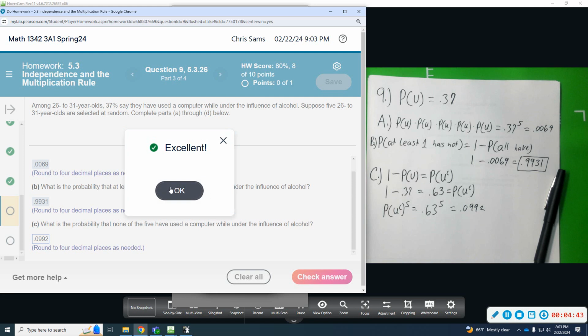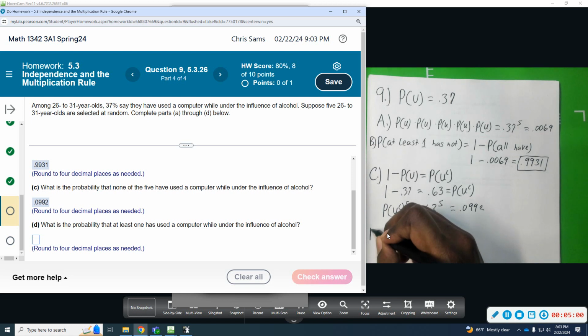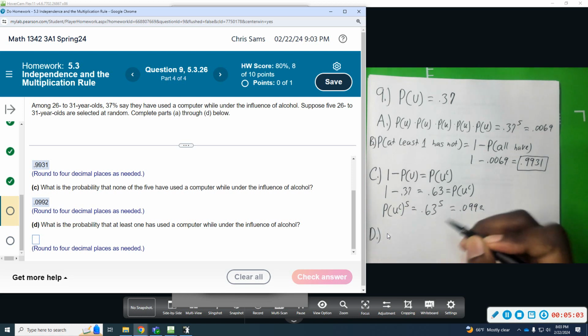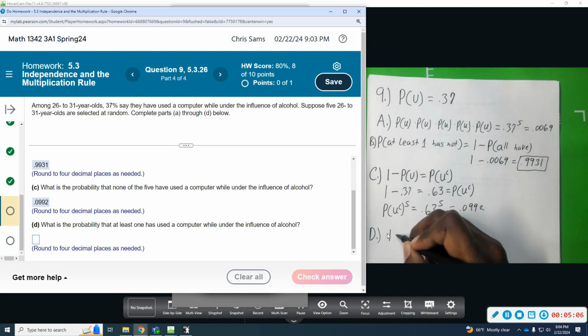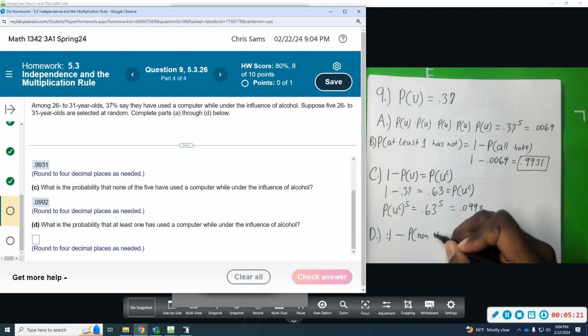And then the last part, what is the probability that at least one has used a computer? So this is going to be the opposite of all 5 of them not using it. So if I take the total, which is 1, minus the probability that none of them have, I get the chance that at least one has. So I'm going to do 1 minus the probability that none use under influence.